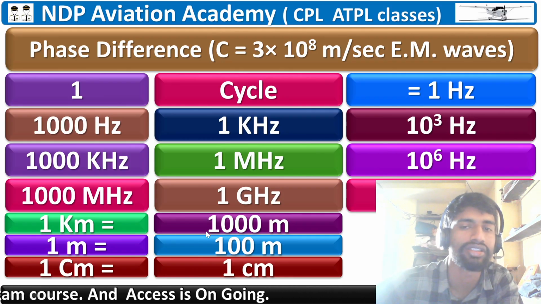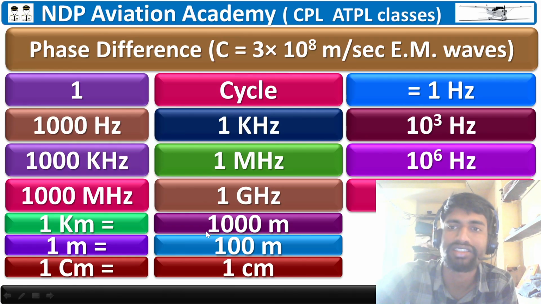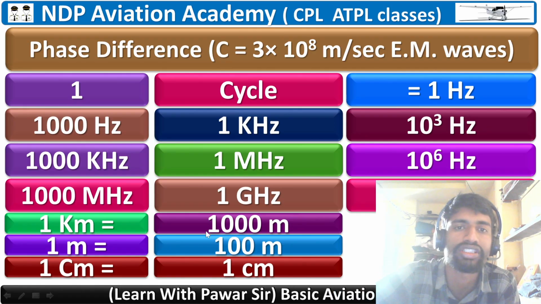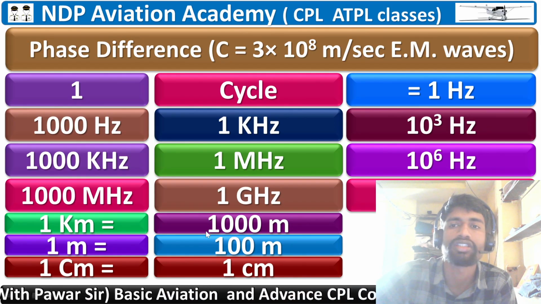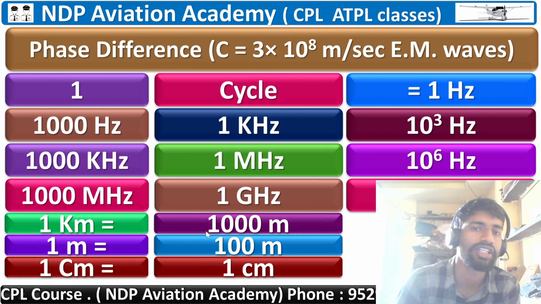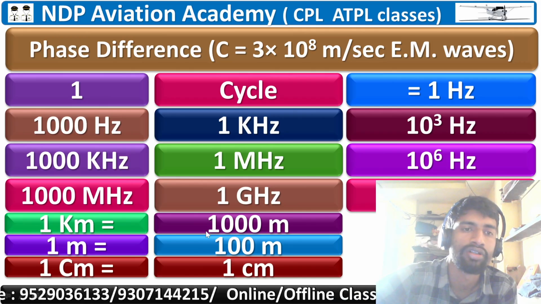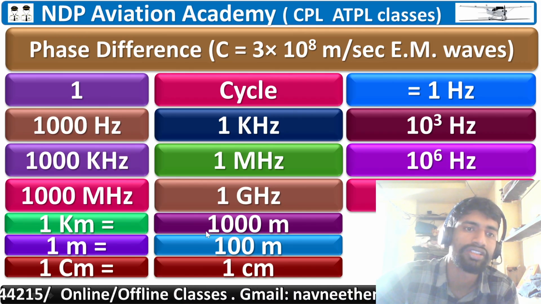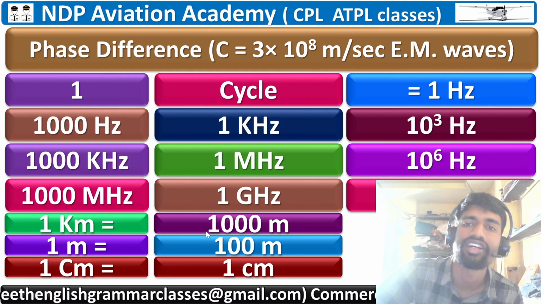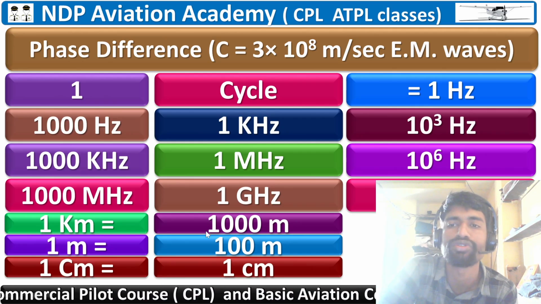One cycle is 1 hertz. When 1000 cycles are completed, we say 1 kilohertz, which in the equation is 10 to the power 3 hertz. Then when 1000 kilohertz are completed, we say 1 megahertz, 10 to the power 6 hertz.